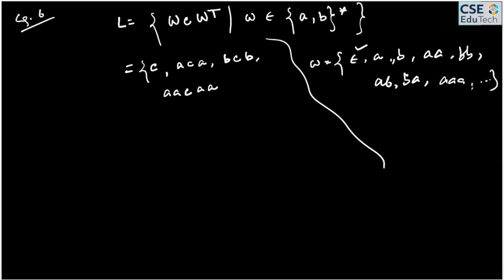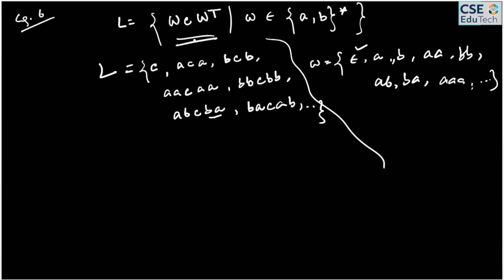If we put bb, then bbc bb. If we put ab, then it will be abc, then reversed, ba. If we put ba, then ba, then c, then ab, and so on. So these are basically the strings of this language.